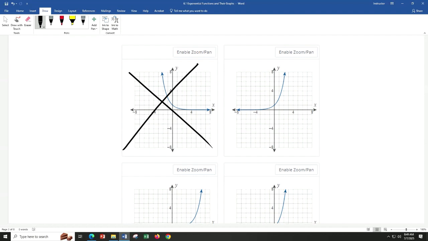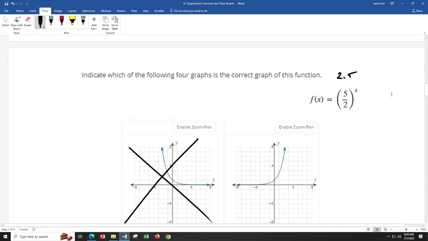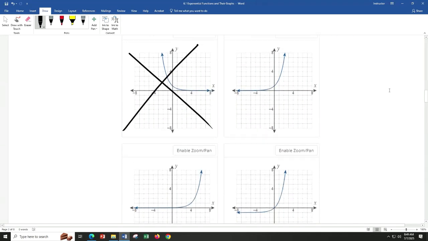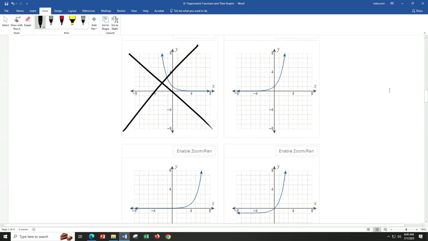Well, notice the x value hasn't been moved at all. Has it? Look at it. Do you see a +1? No. Do you see a negative sitting out front? No. So as I've stated before, since this is a base function, what is always going to be the y-intercept? Look right here: (0, 1).